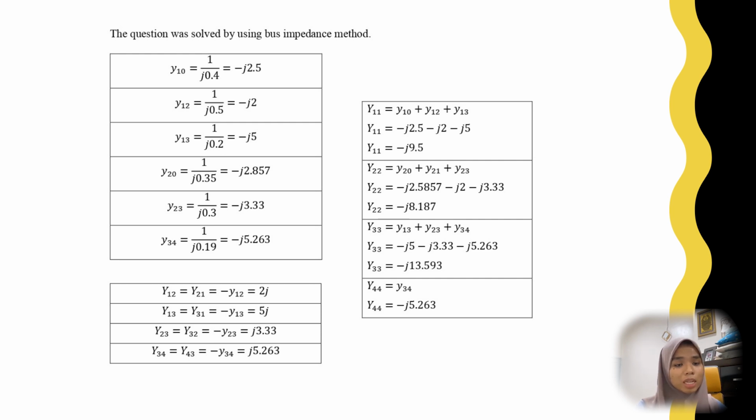For the off-diagonal terms, we invert: Y12 equal to Y21 is j2, Y13 equal to Y31 is j5, Y23 equal to Y32 is j3.33, and lastly Y34 equal to Y43 is j5.23.